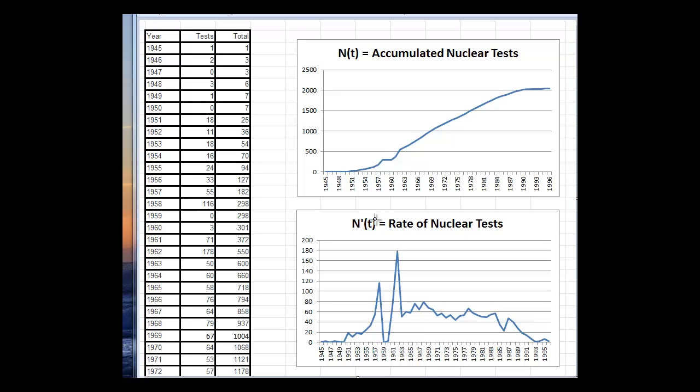Let's look at a specific interval. If we look at 1963 to 1972, for example, and we want to know what's the average rate of nuclear testing for that period.